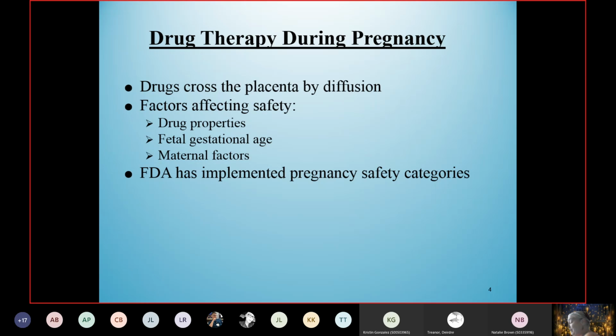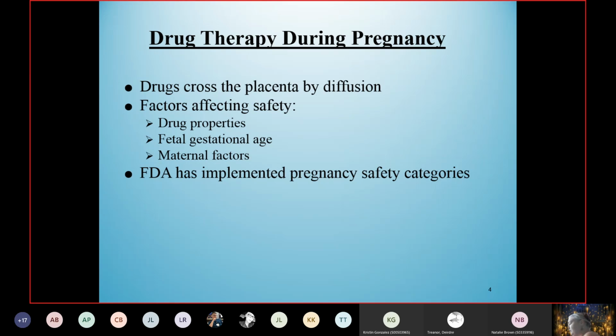So the last trimester, the third trimester, is when you have the greatest percentage of maternally absorbed drugs getting to the fetus. Which makes sense. The fetus is almost fully formed, and then you've got more blood flowing through there.